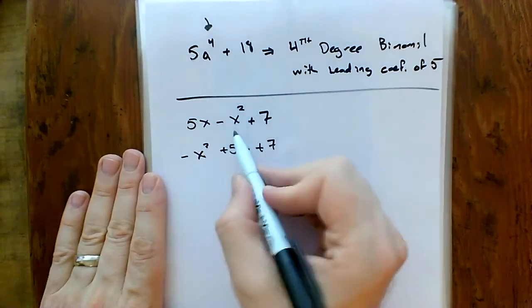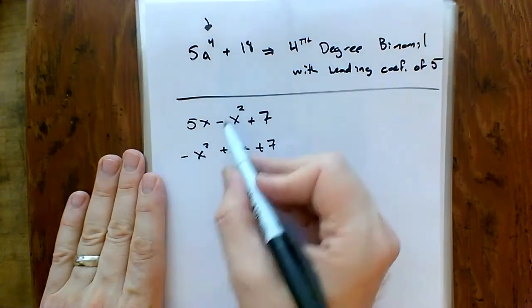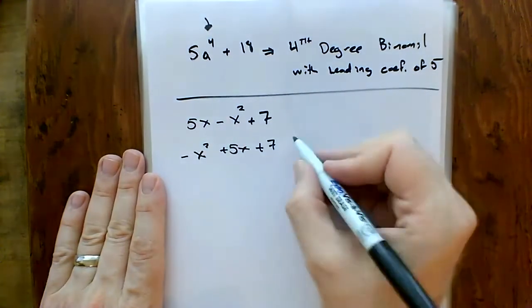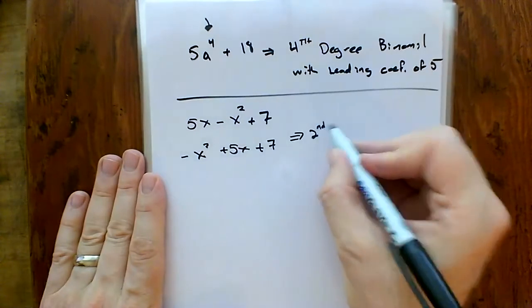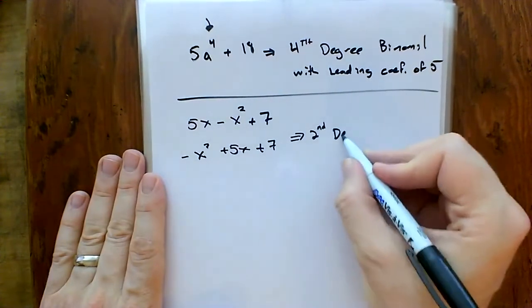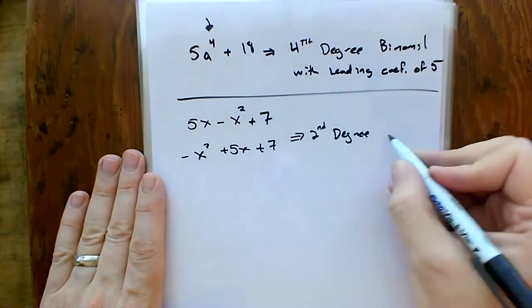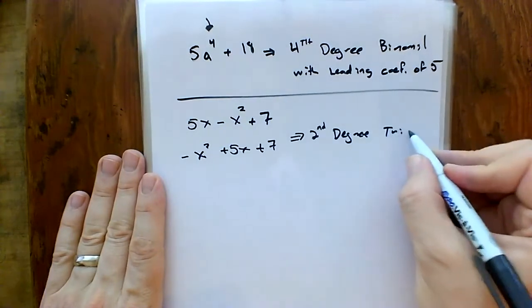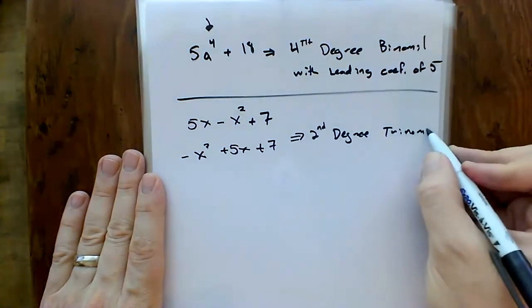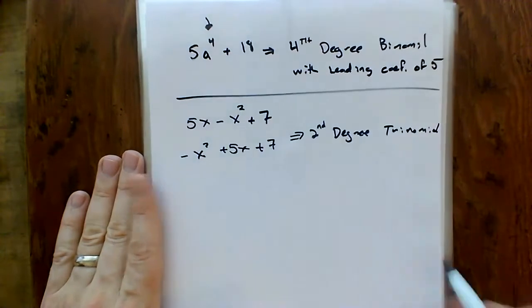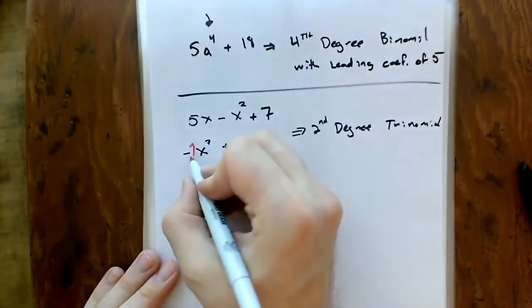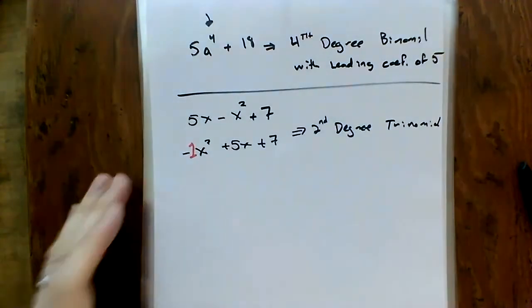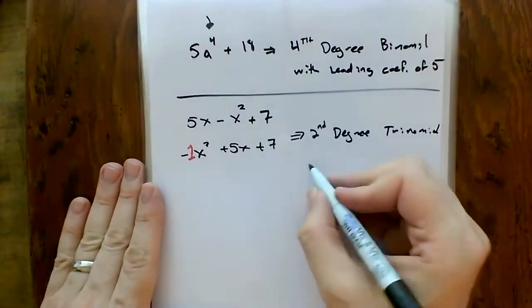So I'm just taking this first term and I leave the sign with it. So this is a second degree trinomial. And even though it doesn't state one explicitly, we can think of there being a 1 right here, with a leading coefficient of -1.